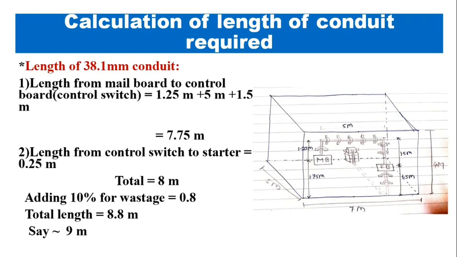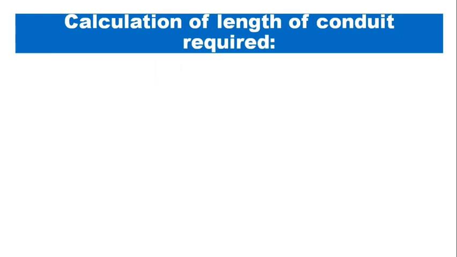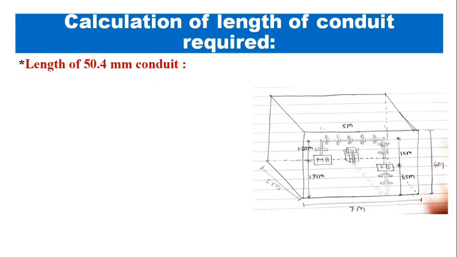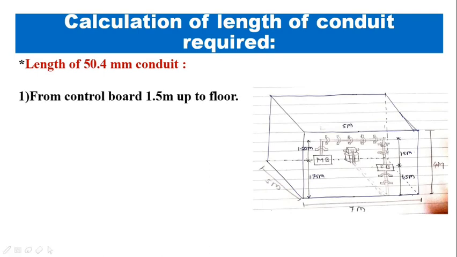Now we will find out the length of 50.4 mm conduit required for the installation, that is from the control board to this motor. So here first, from the control board, is 1.5 meter above the floor. So this 1.5 meter you can take here.